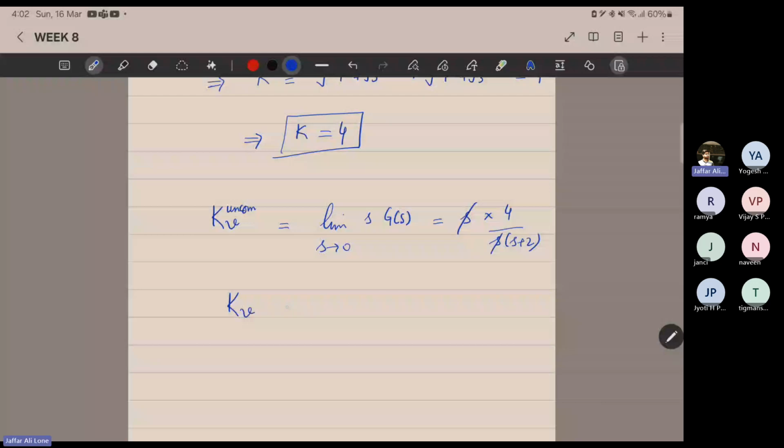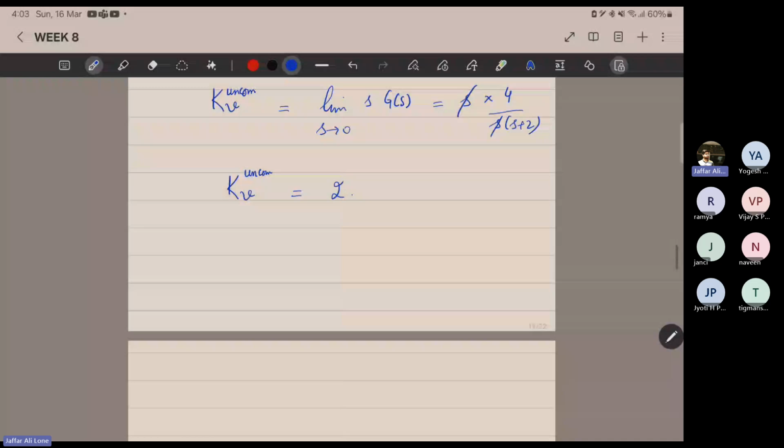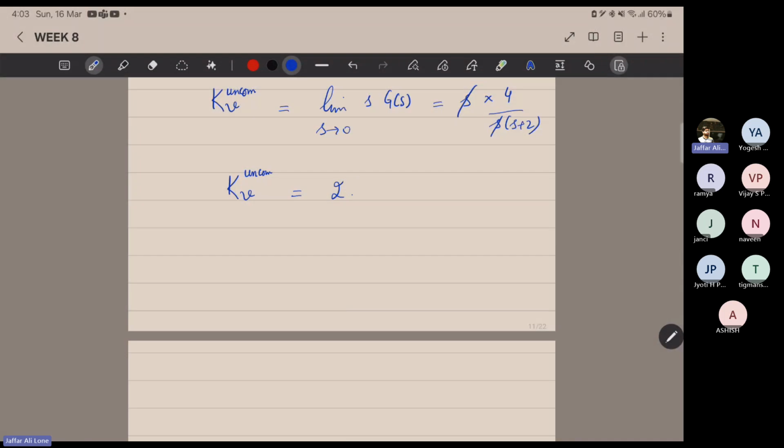Okay, so kv uncompensated will be equal to 2. Now I told you the ratio. Let's assume I'm designing a lag compensator. So if I'm designing a lag compensator, my ZC over PC should be equal to my kV compensated divided by my kV uncompensated.